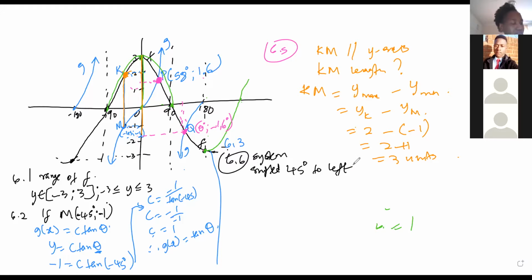So they say the system of the axis is shifted 45 degrees to the left. What color am I gonna use now that I haven't used? Let's use purple. So they say this system, your axis shifted 45 degrees to the left. So this axis shifted 45.